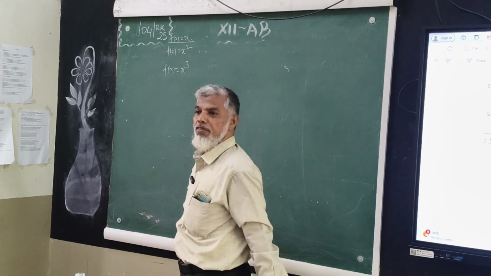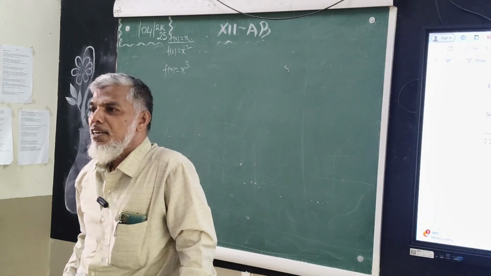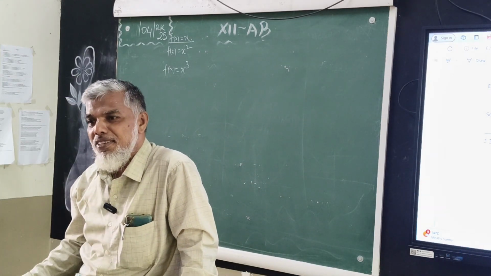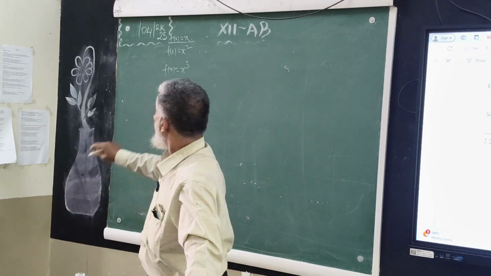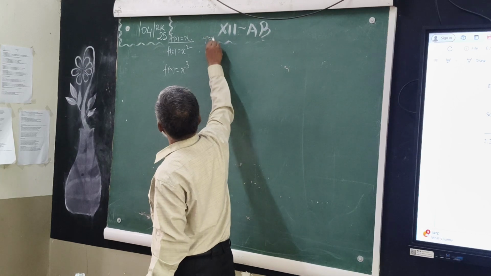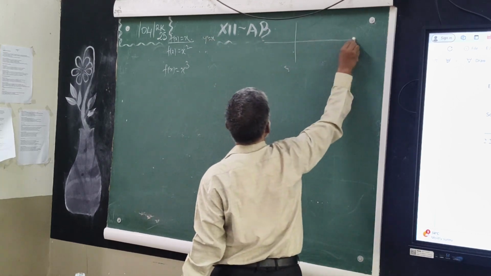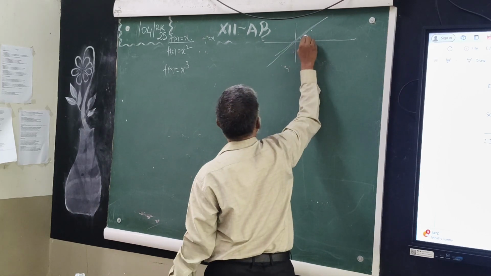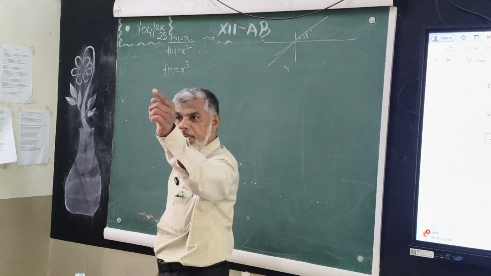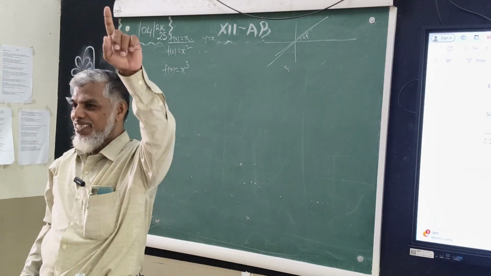This is the graph. Now what is the graph of f of x equal to x? A straight line. We always call this y. So y equal to x means exactly 45 degrees, since tan 45 is 1.